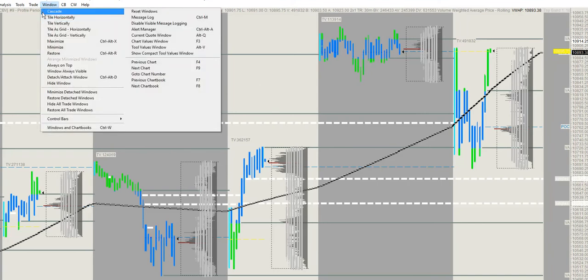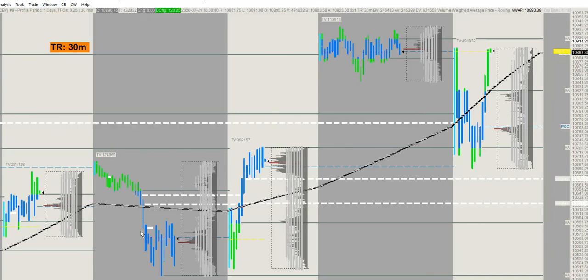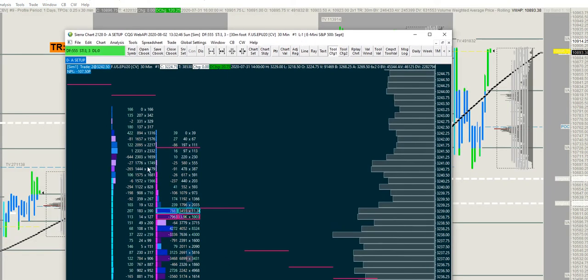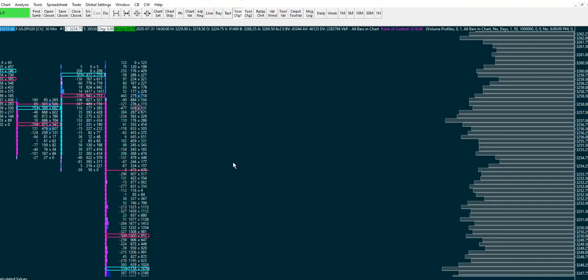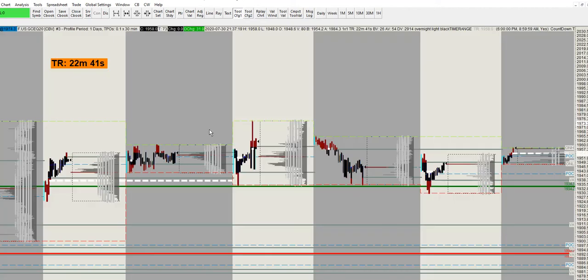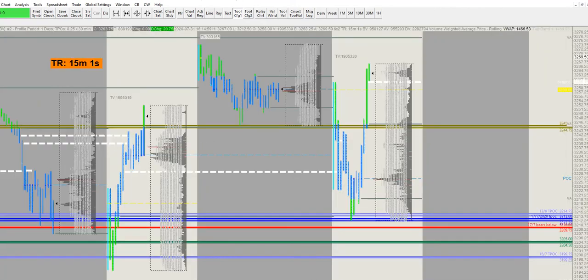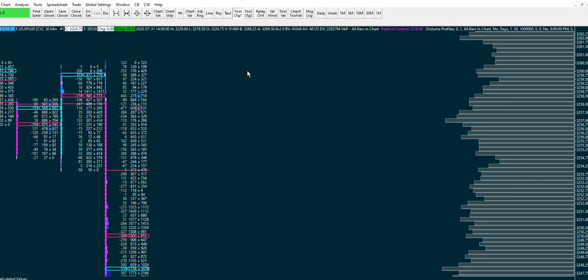Another question I was getting is, this is a profile, and then you have Sierra charts, this is the regular window, okay? On the regular window, you could have various charts. This is gold, and then I have the ES profile, and then I have a footprint here. Let's say I want to take this chart and put it onto my other screen.